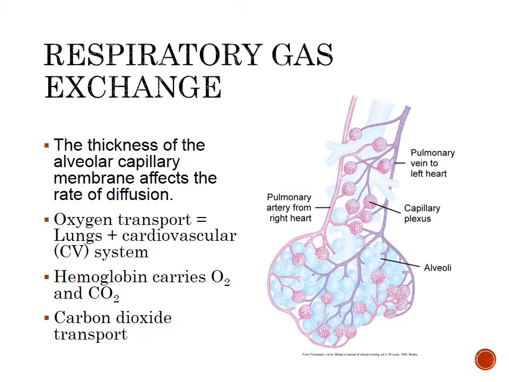And once again, reduced hemoglobin combines with carbon dioxide, and venous blood transports most of the carbon dioxide back to the lungs to be exhaled. So that is your entire respiratory system in a nutshell. Your book has great information, so make sure you do read that portion of your book.